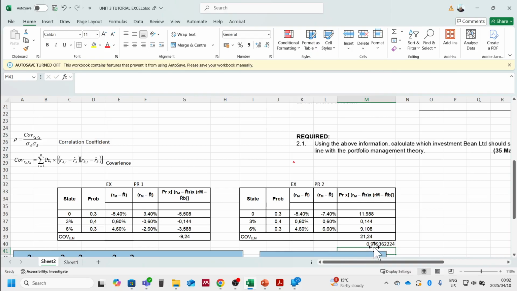This will then give us the following figure, and then when we round this off, you will notice that it's going to give us a positive 1. So this just indicates that they are strongly positively related. So this means that whatever factors affect existing project will also affect project number 2.